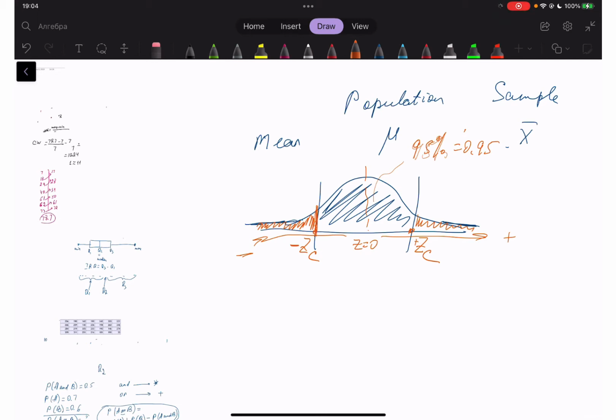So let's figure it out. How many percent will make this portion of error? If the confidence interval is 0.95, then the areas for these two tails, this one and this one, are going to be 1 minus 0.95, correct?